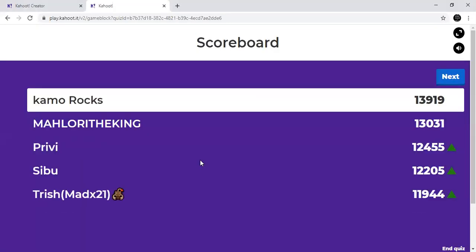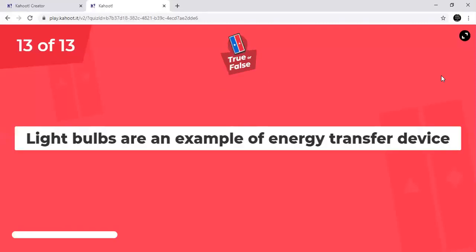Last question. We still have Kamo, Mashori, Privi, Sibu, and Trish in the top 5. Last chance to redeem yourself. Light bulbs are an example of energy transfer device. True or false?